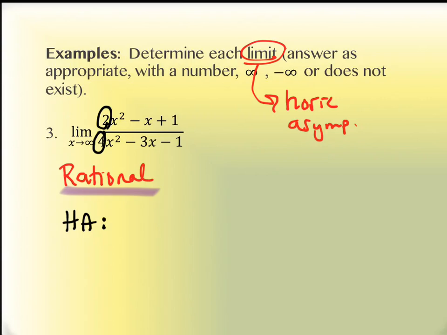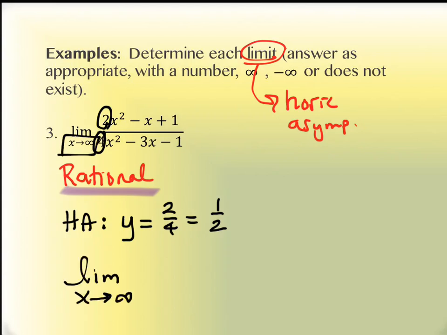I take a ratio of the coefficients, so I get y equals 2 over 4, or we can simplify, of course, to y equals 1/2. So that 1/2 is creating this horizontal line that on the edges of the graph we're getting very, very close to. So the limit then, as we approach infinity, of our function, we'll call it f of x, is going to be 1/2. Because that's the horizontal asymptote it gets close to on the end of the graph.